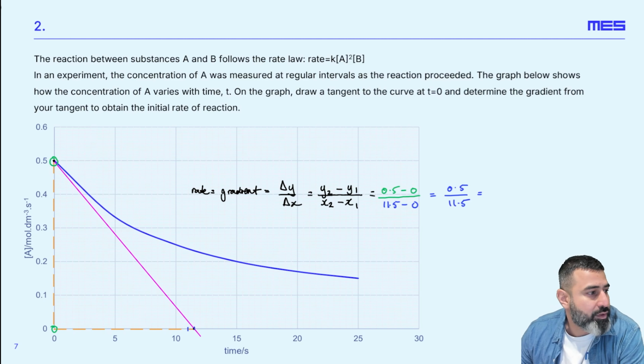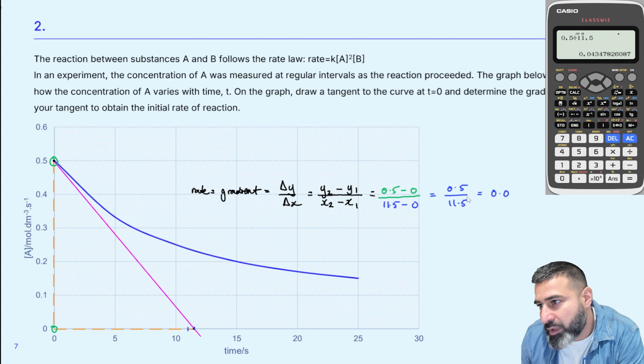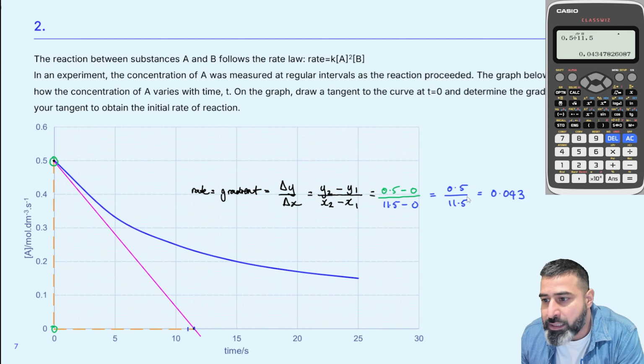So let's get the trusty calculator out. Right, clear it from the previous calculation. What are we gonna get? 1 over 23. Don't write it as a fraction. So this is 0.043. And what are the units? Okay, so what I really should do, let's do it properly.